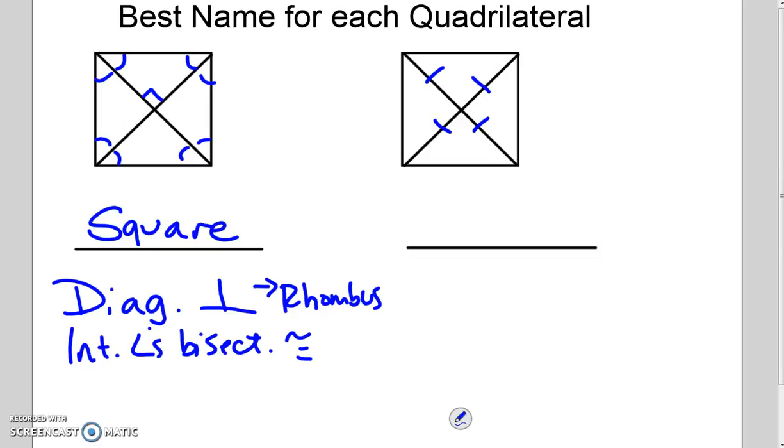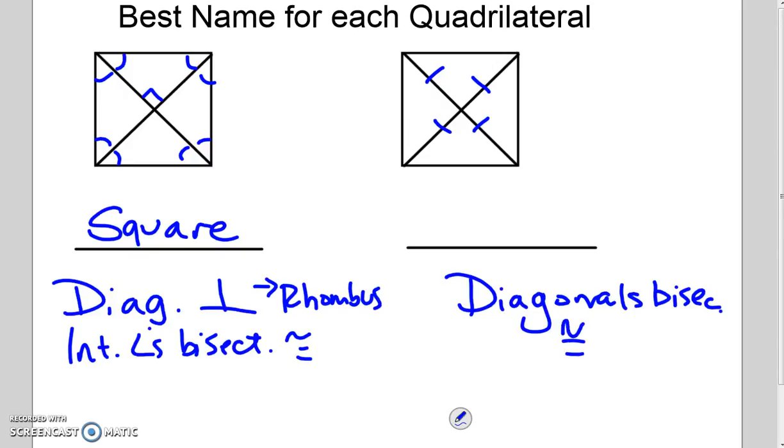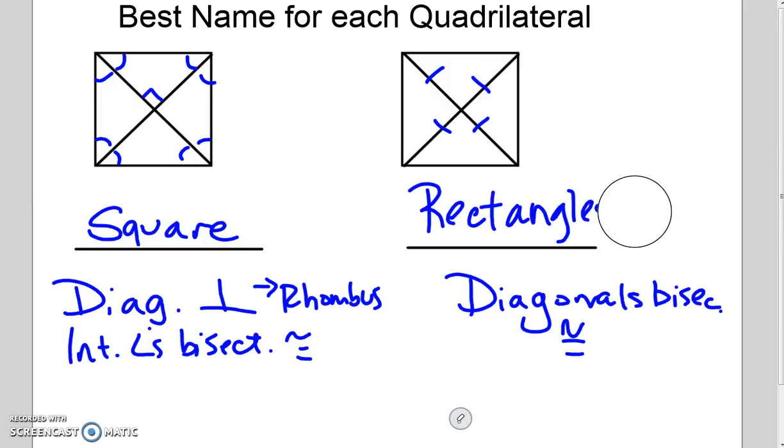The second figure, all I see is that diagonals are bisected, which tells me it's a parallelogram, but they're also congruent to each other. Well, the figure that has congruent diagonals that's a parallelogram, well, those are rectangles, and this is just one, so that would be rectangle singular.